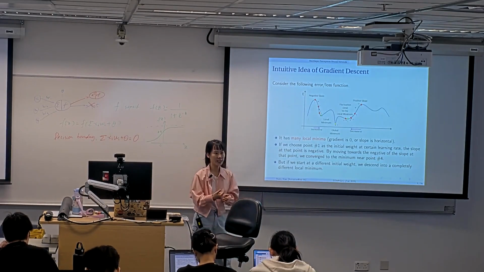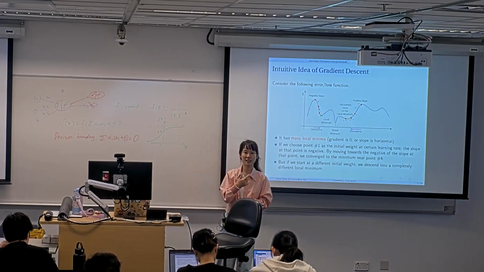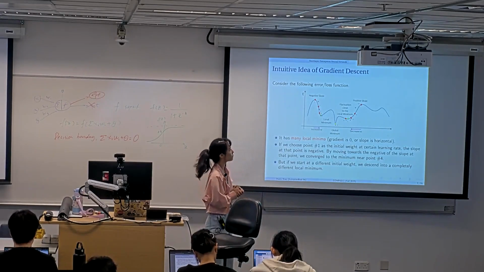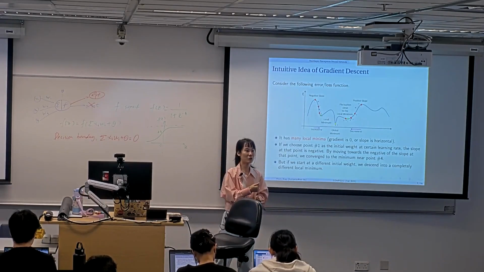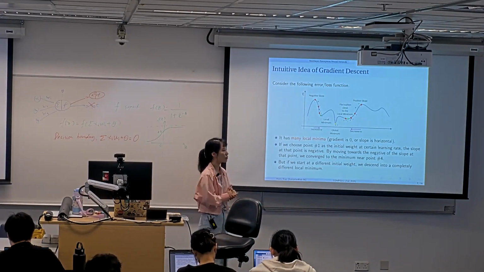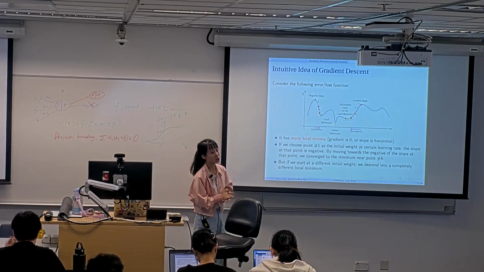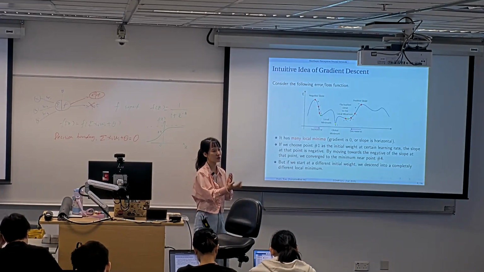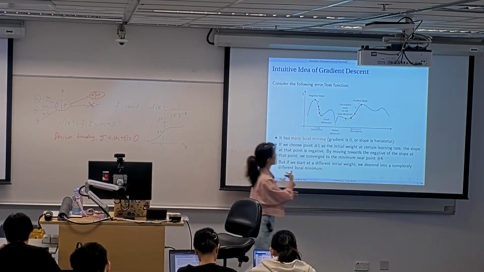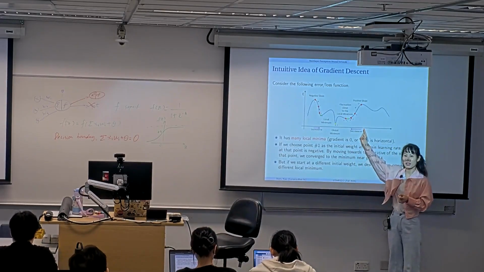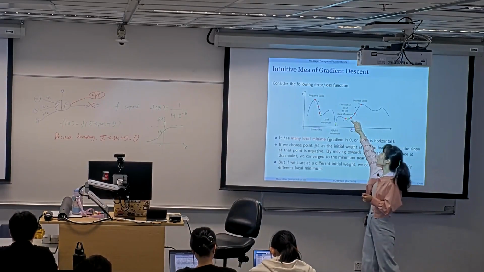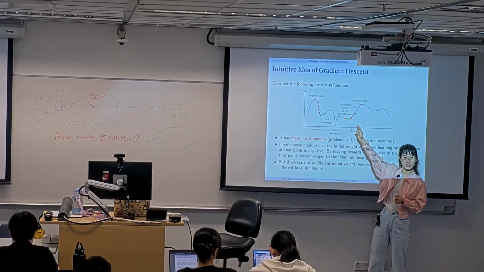The learning rate adjusts the distance that you move at each step. Of course, if the learning rate is very, very small, then you will possibly take many iterations, and your training will be slow. But if the learning rate is very large, then you will go into some oscillation. Here is an example. At this point 8, the next step, possibly you won't go to point 7.